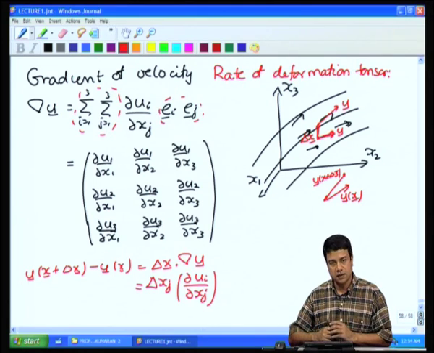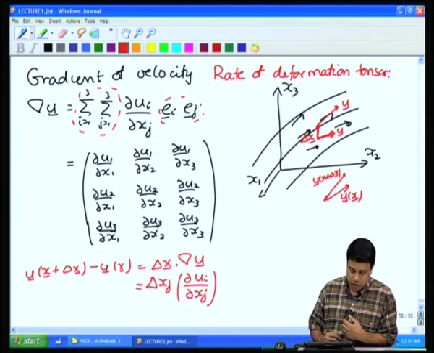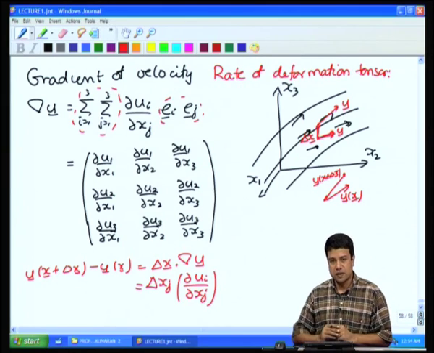So, any stresses generated within the flow have to be related to the rate of deformation tensor alone. I have expressed this rate of deformation tensor in terms of its components. It will be central in our discussion of fluid mechanics, because all the stresses ultimately will be related to this one.